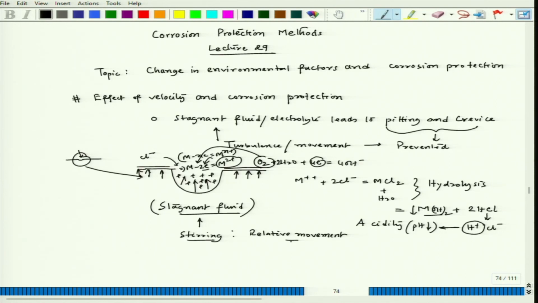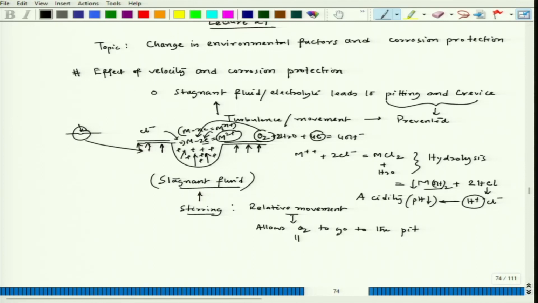Okay. So, this allows oxygen to go to the pit, and this actually helps avoid the differential aeration cell.